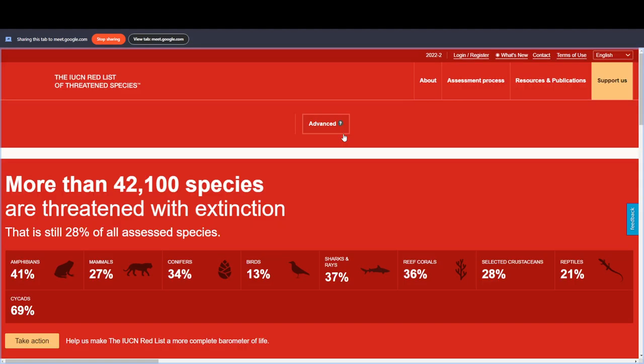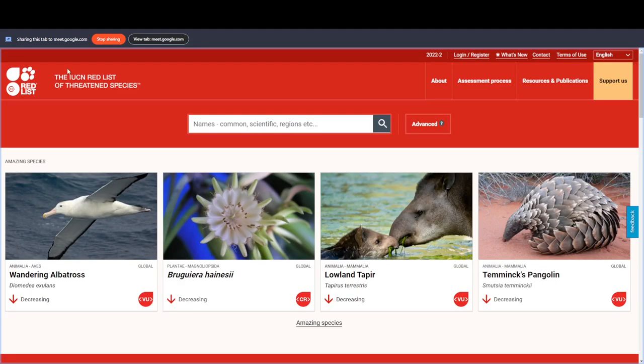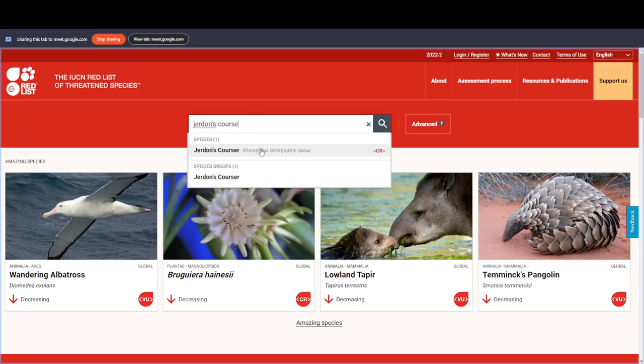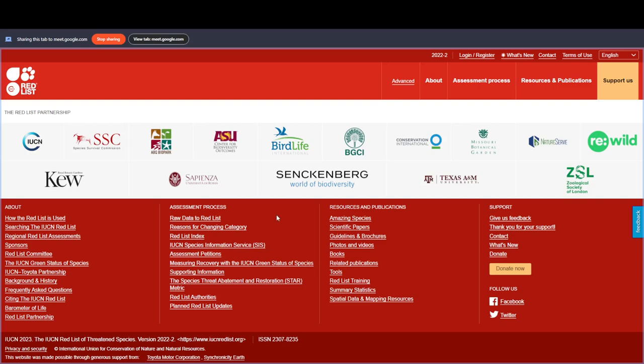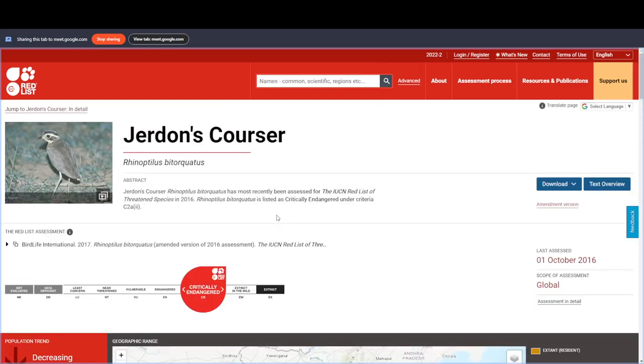So this is the IUCN Red List page where all the possible species are listed out. And if I look for Jordan's Courser, you find everything about the Jordan's Courser here, right?